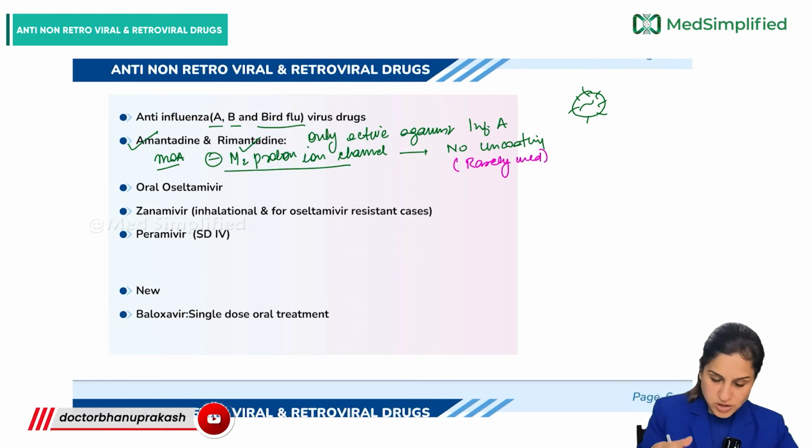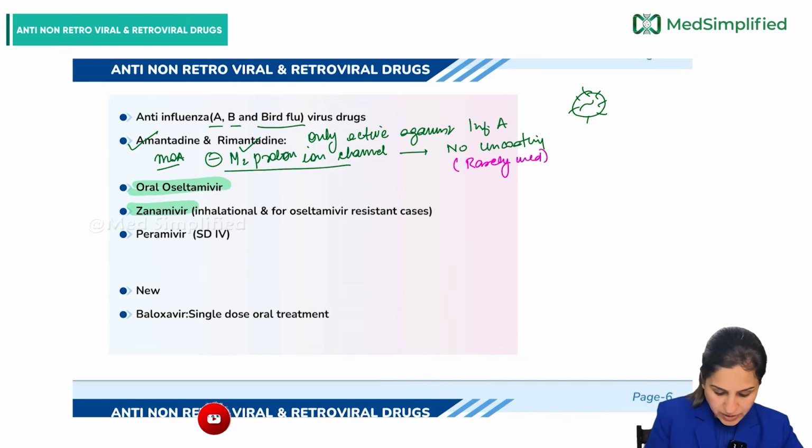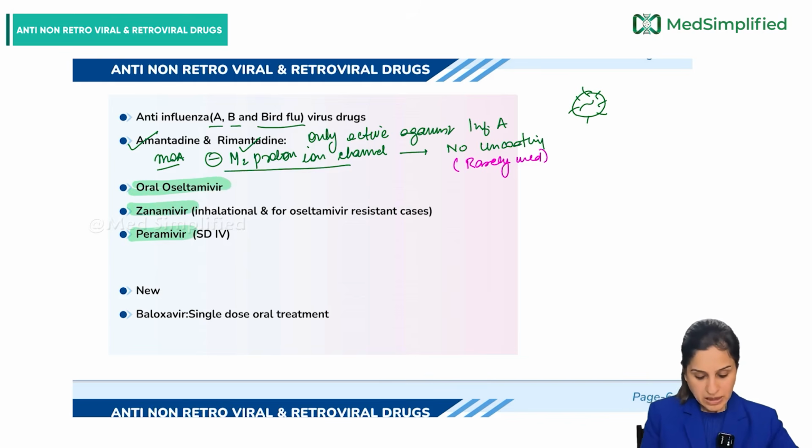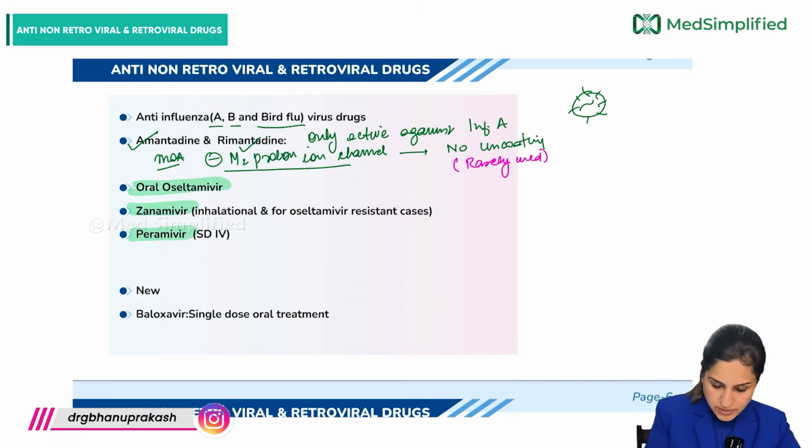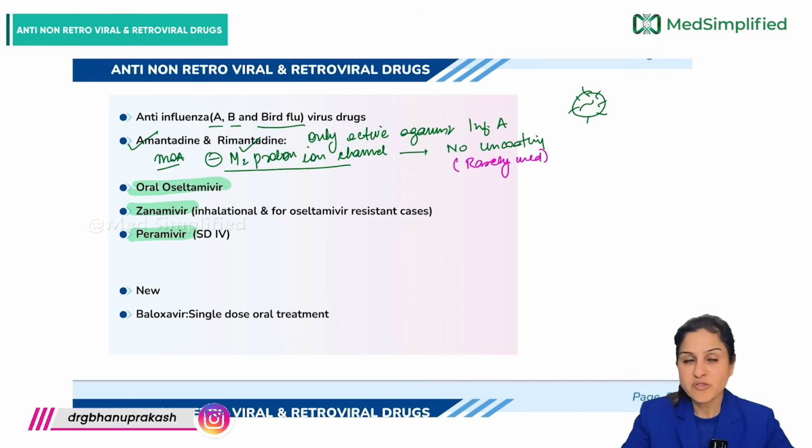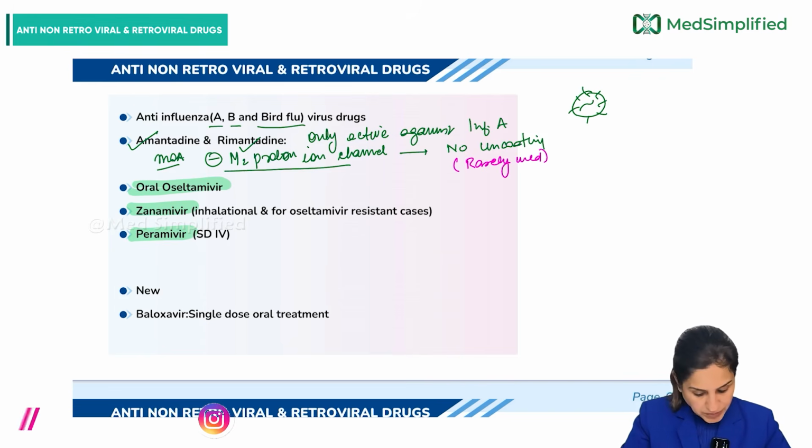Coming to the most important anti-influenza drugs, we have oseltamivir, zanamivir, and peramivir. Oseltamivir, O for oseltamivir, is an oral drug. Zanamivir is given in inhalational form, in case of oseltamivir-resistant cases.